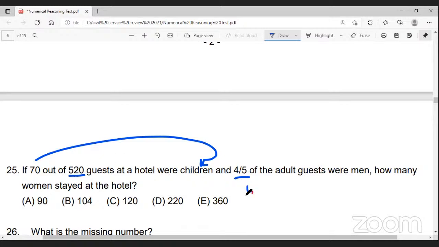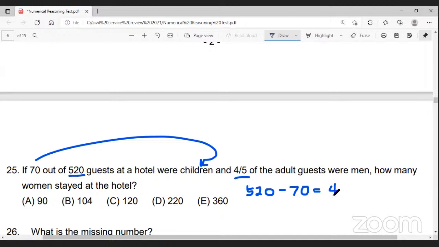If we already get the 70 children from 520, that will be the first operation. Let's get first the number of adults out of 520 if we have 70 children.